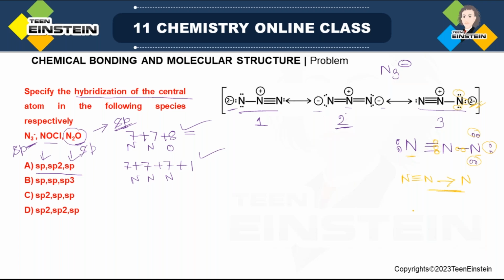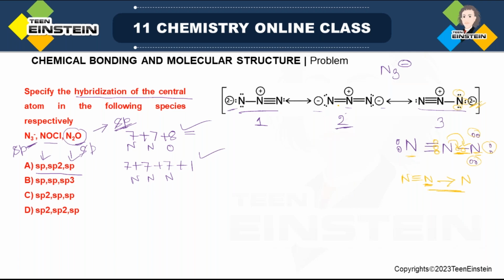But in a coordinate bond, better you use the word contribution. So this middle nitrogen is contributing both the electrons, and once it is contributed, these 2 electrons are equally shared between these 2. That is actually the coordinate bond. Once it is formed, it will behave like a covalent bond. So in this way you can see the coordinate bond is present.